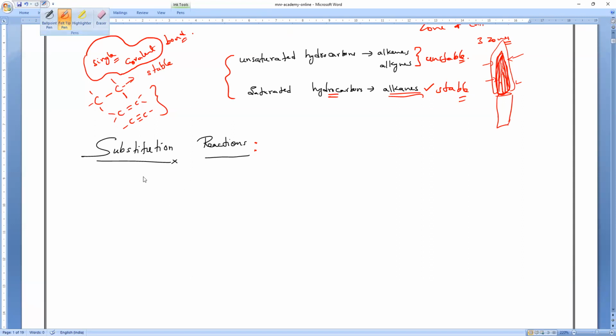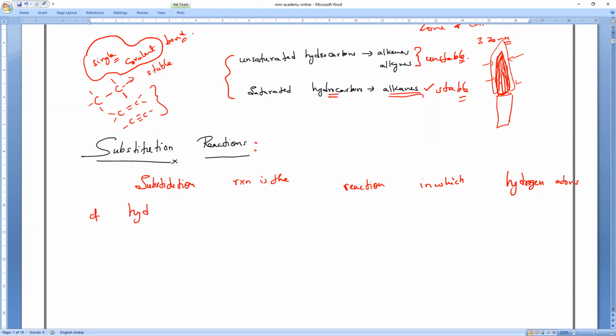Substitution reaction is the reaction in which hydrogen atoms of saturated hydrocarbons are displaced by other atoms. Which hydrocarbons? Saturated or unsaturated? Saturated.